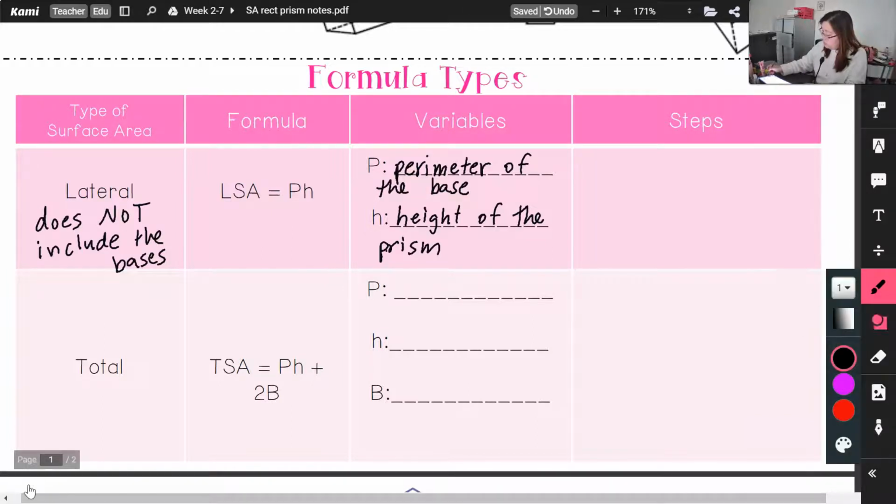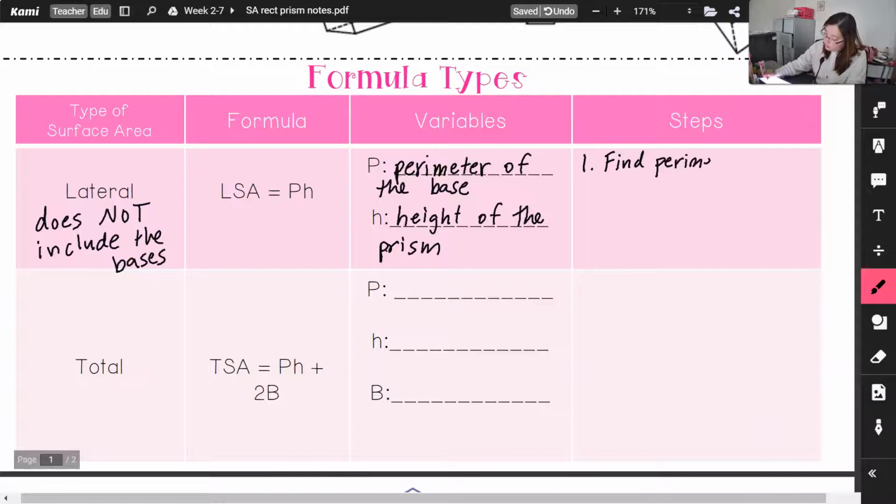So the steps you want to take. Step 1, find perimeter, which is P, by adding up the four sides of the base.